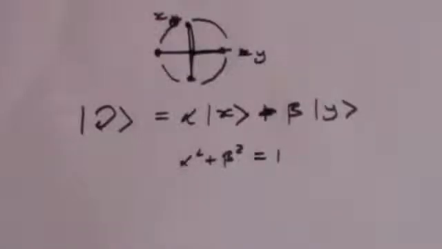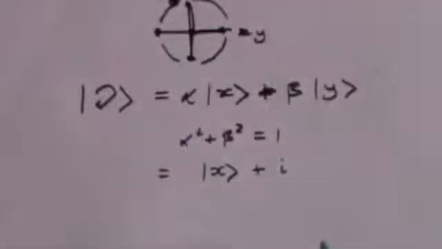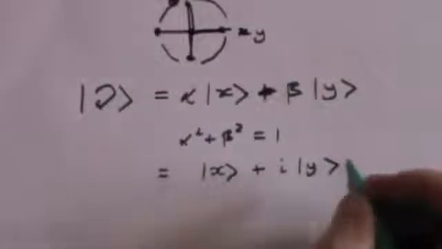There are no more numerical options which will give us an alpha squared plus a beta squared equals 1. Or are there? What about if alpha is 1, so we just get x here, and beta is i, the square root of minus 1, the imaginary term which we've never yet come across?